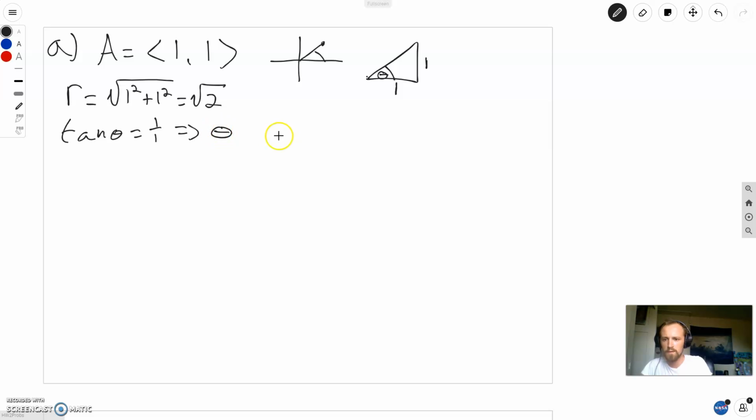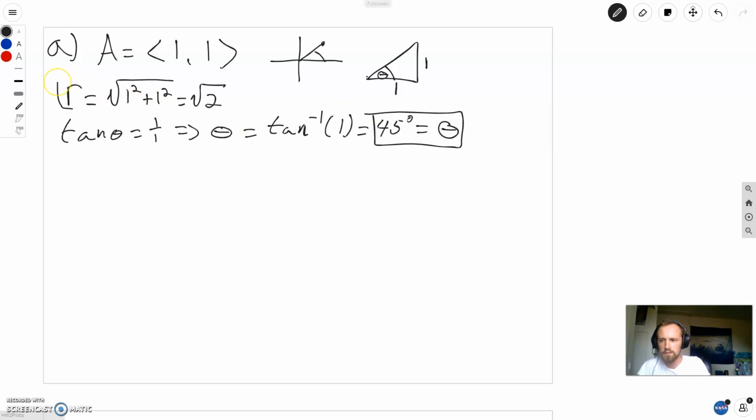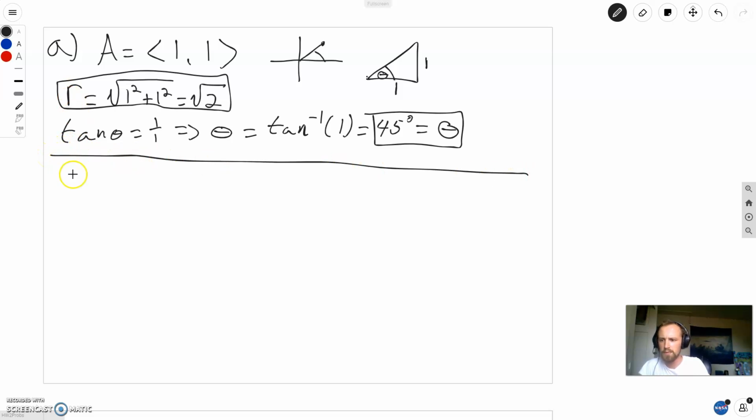Therefore, theta equals tan inverse of 1, and you will get 45 degrees. So this is our theta. Straightforward enough.